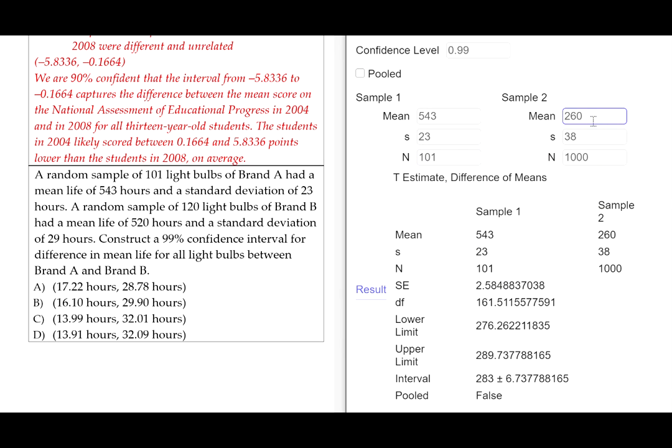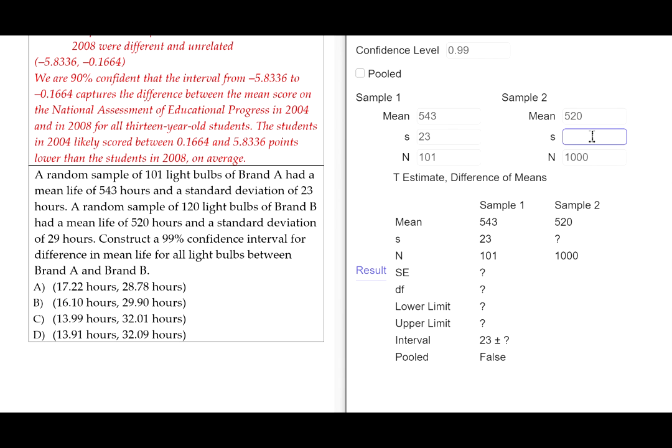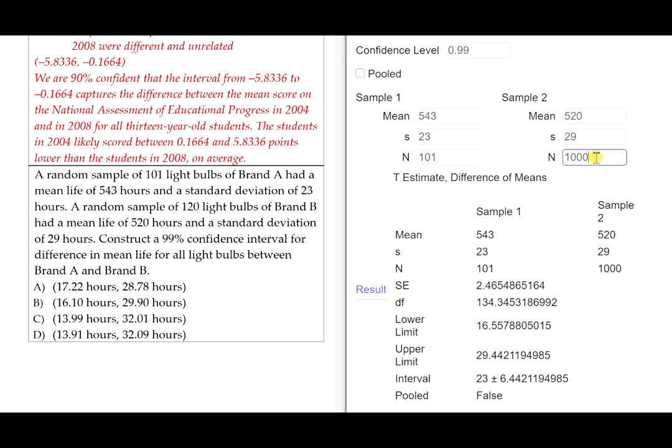Our second group, brand B, had a mean of 520 with a standard deviation of 29 and a sample size of 120. And we can see that the confidence interval goes from 13.9066 to 32.0933. Rounding, we can see that the correct interval here is answer D.